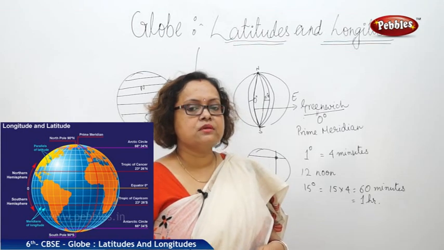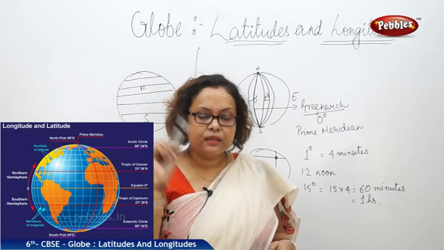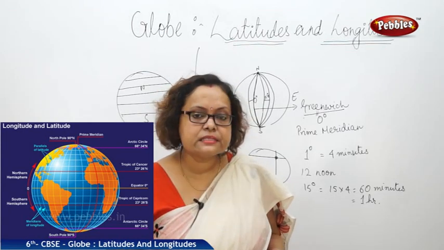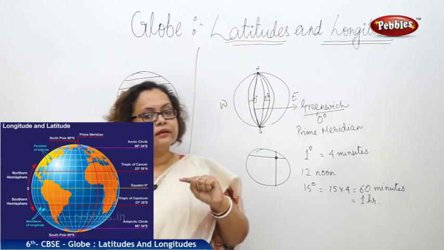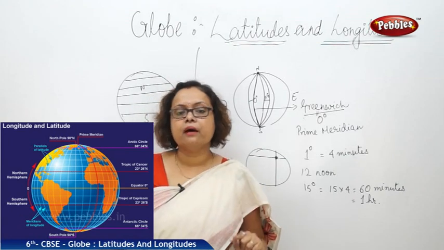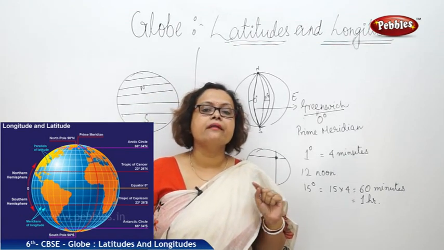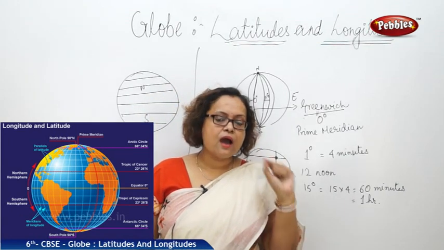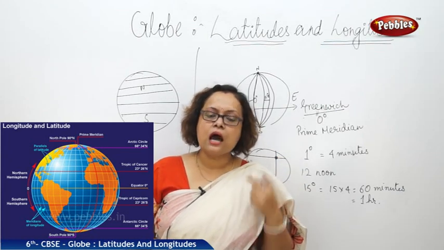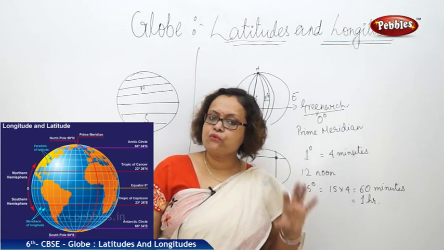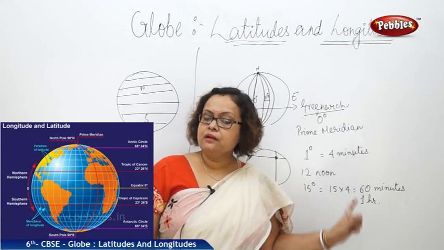That standard time, for India, is known as IST. Which one is IST? The meridian running through Allahabad, the 82 and a half degree east meridian. We call it our standard meridian and we follow the time as per that.